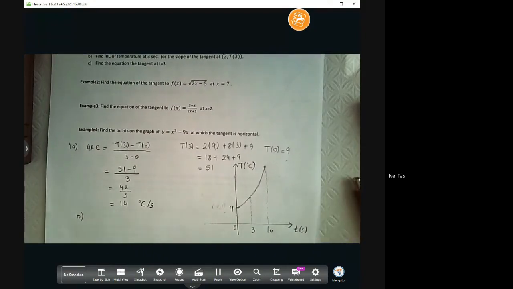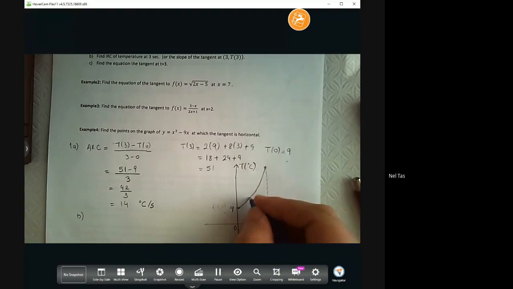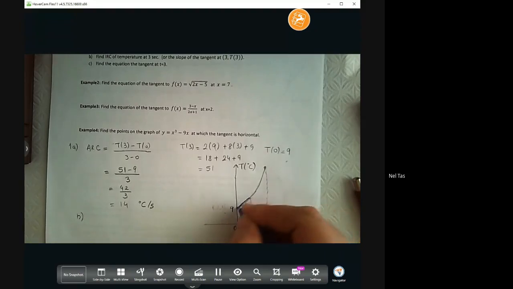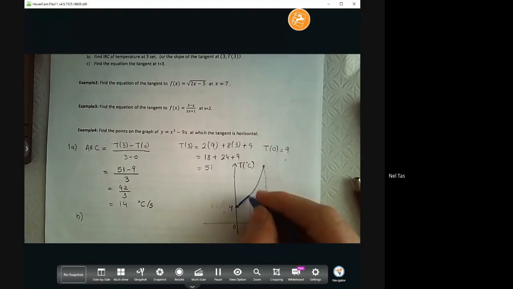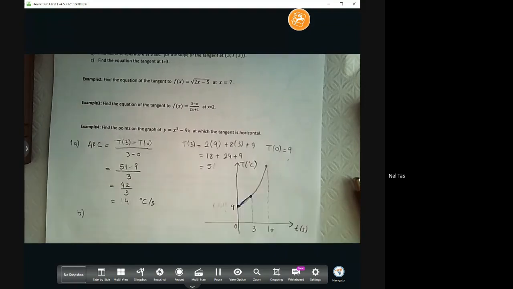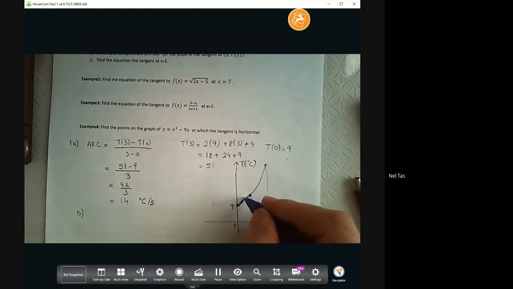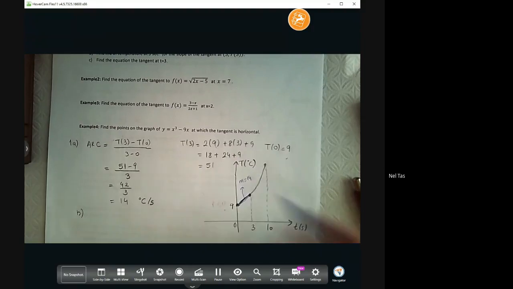We looked at the slope of the secant from 0 to 3. Those are the two points. And that slope, which is also the average rate of change here, is 14.